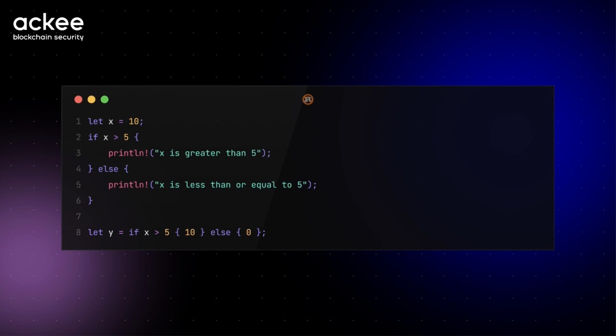But you can also see on line number 8 that you can assign values from the if statements. So in this case, variable epsilon will have the value from the if statement. That means if x is greater than 5, epsilon is going to be 10.